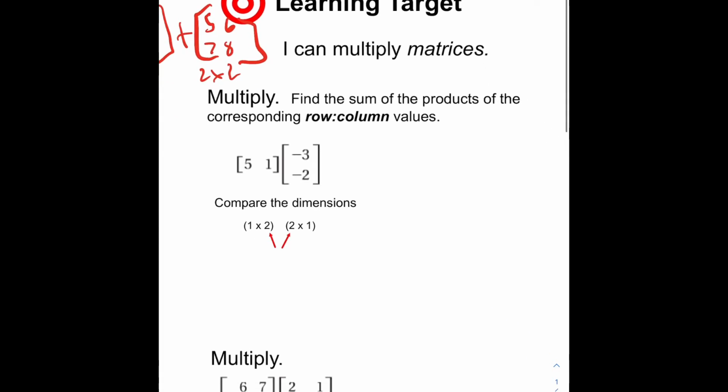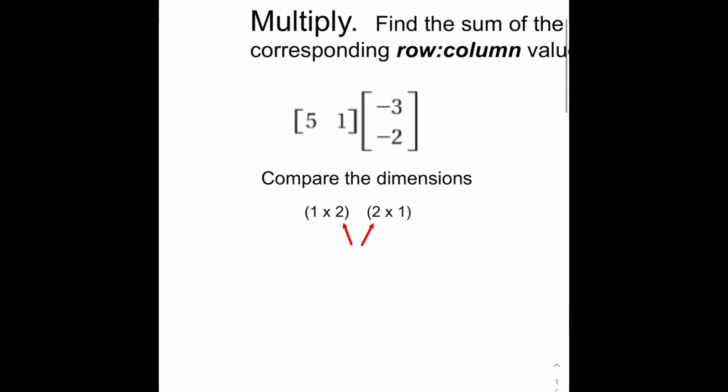When we multiply, that's not necessarily the case. So what we have to do is compare our dimensions. This is 1 row by 2 columns, the first matrix right here. And our second matrix is 2 rows with 1 column.